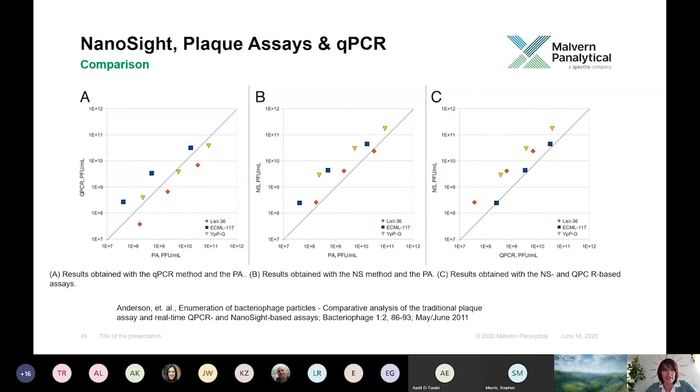The graphs here show the comparison of qPCR with plaque assay, NanoSight with plaque assay, and NanoSight with qPCR. The diagonal lines represent the perfect agreement. What you can notice is NanoSight usually reports slightly or much higher virus titer than both biological assays.